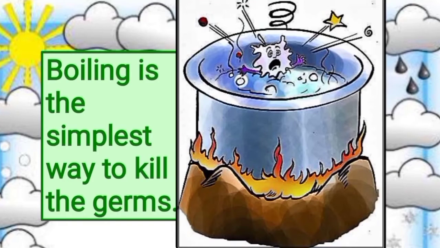It is the simplest way to kill the germs found in water. Bring water to a rolling boil for a minute to kill the germs present in it. By the time water starts to get hot enough to boil, most of the germs in it die. Boiled water should be stored in clean and covered pots or bottles.